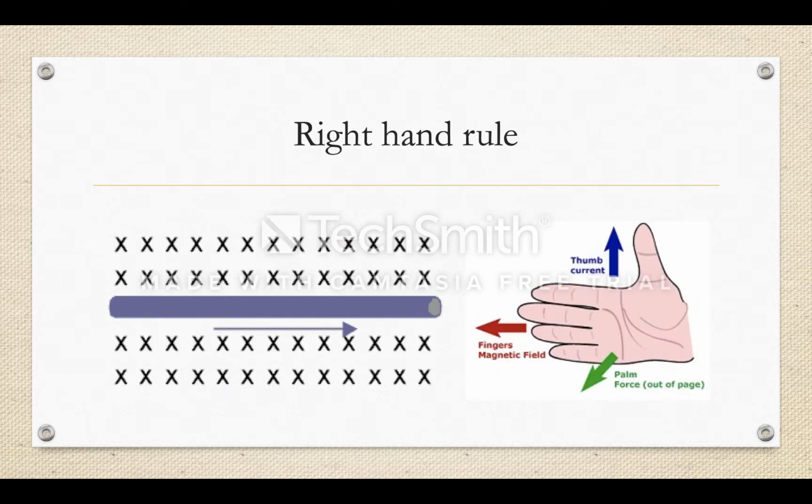The image on the left shows a wire going through the magnetic field, where the X represents the magnetic field going into the screen. However, in the case where the magnetic field is going out of the screen, then we can draw a circle instead of an X. A current is shown to flow through the wire in the direction the arrow is pointing.